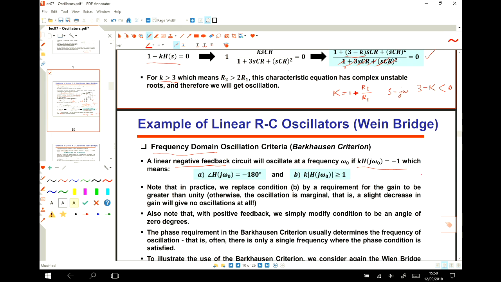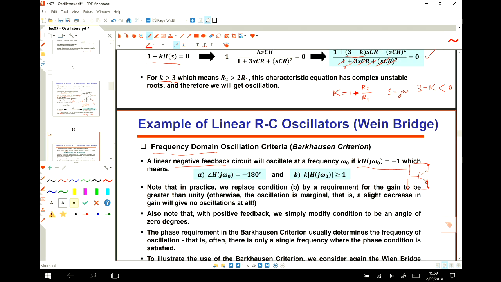For example, in a transistor, if we get a feedback from this point to the input, then this is negative feedback. If we get a feedback from this point to input, then this is positive feedback. So it could be different criteria. All right?